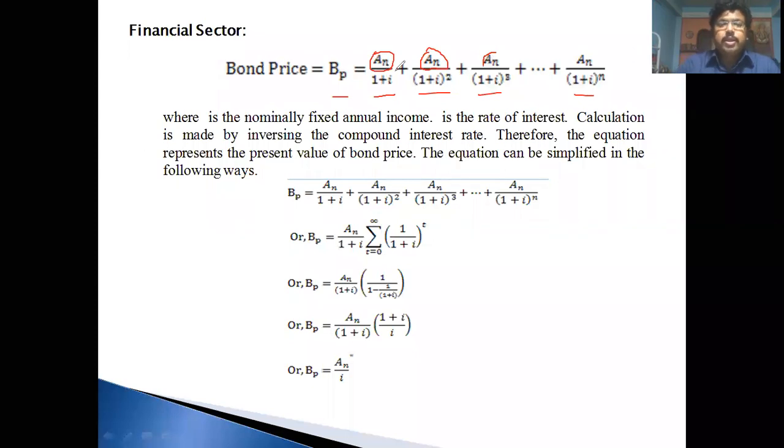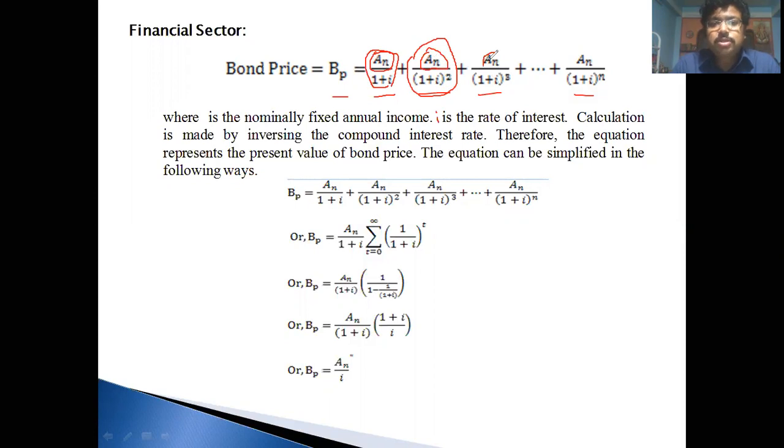So therefore, AN is the nominally fixed annual income, and I is the rate of interest, and therefore bond price is the present value. This is another present value. For the second year, whatever you are getting after the second year, the present value is AN by (1 plus I) whole square.